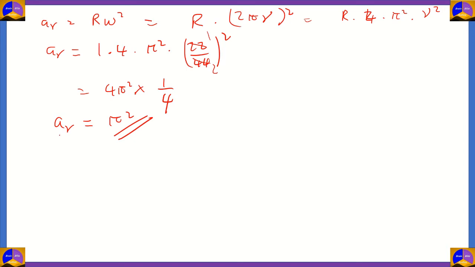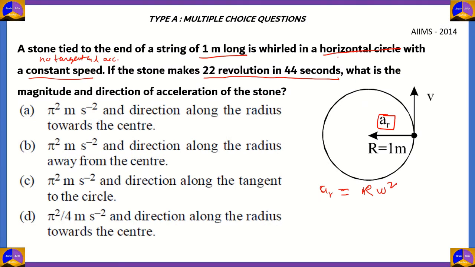Now this is centripetal acceleration. That means it runs along the center. So therefore, it runs along the radius towards the center. So option A, pi squared meters per second square, and direction along the radius towards the center, is the right answer.